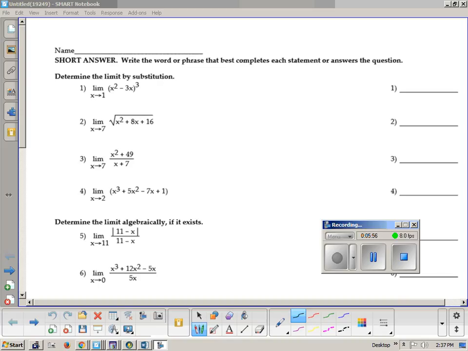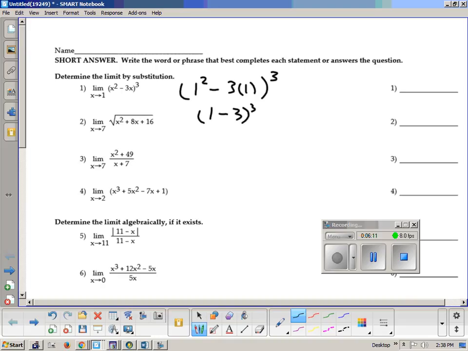By the substitution method, we're just going to put in 1. So 1 squared minus 3 times 1 to the third power. That's 1 minus 3, which is negative 2 to the third power, which is negative 8, I believe.